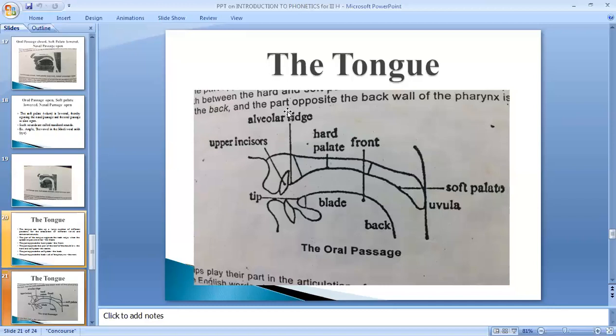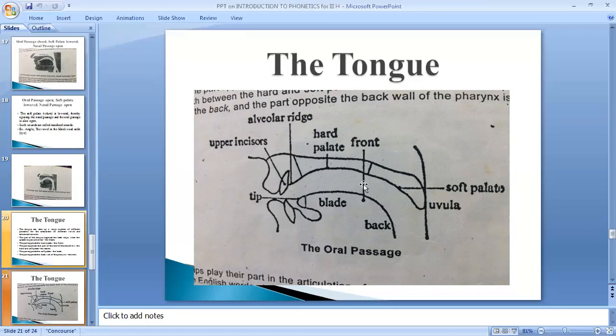The part of the tongue opposite the teeth ridge when the speech organs are at rest is called the blade. This is the blade part. The part opposite the hard palate is called the front part of the tongue.